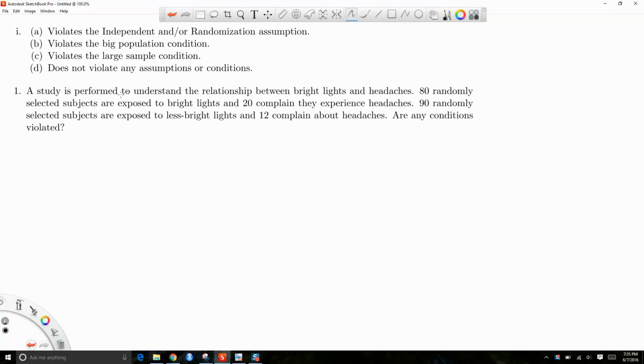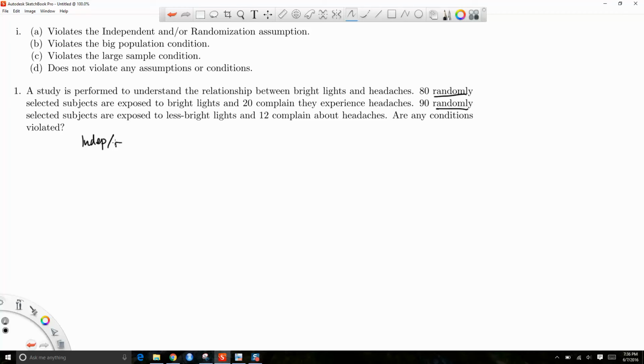Okay, so it says a study is performed to understand the relationship between bright lights and headaches. We have randomly selected subjects, so independent and random seems to be met.